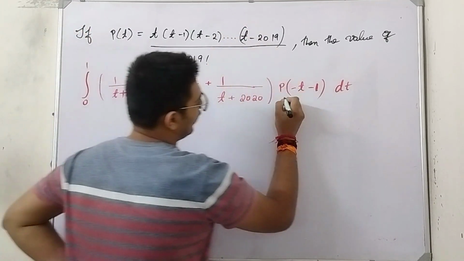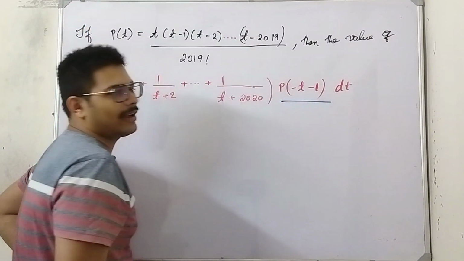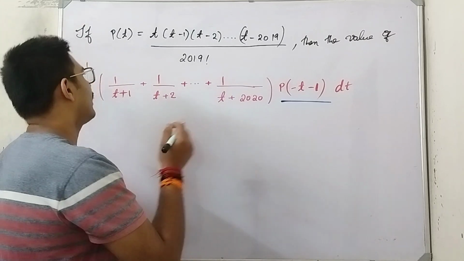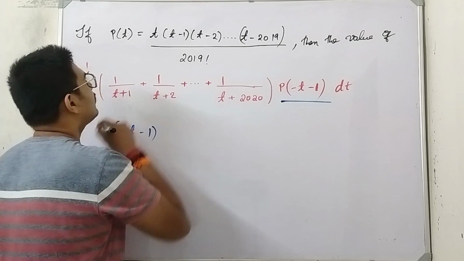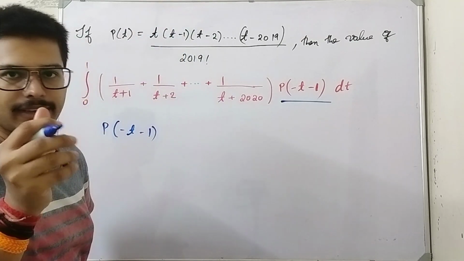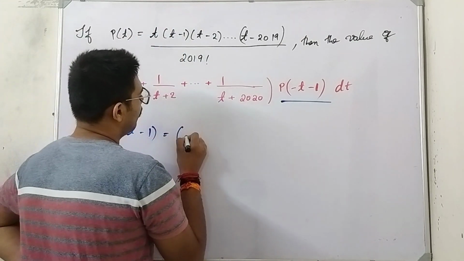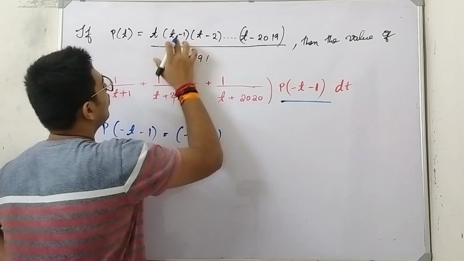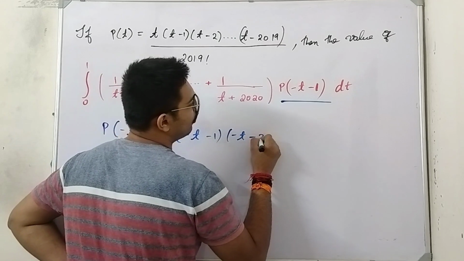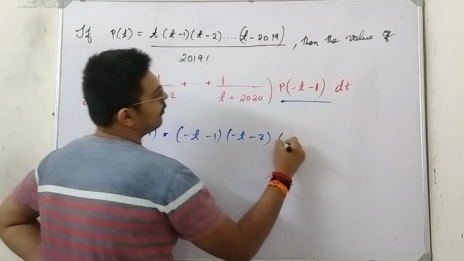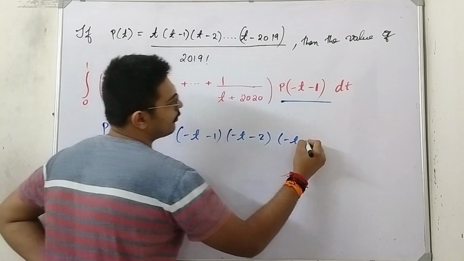First, we can find the value of P of (minus t minus 1). Instead of t, substitute the value of minus t minus 1. This will be minus t minus 1, then minus t minus 1 minus 1 will be minus t minus 2, then minus t minus 1 minus 2 will be minus t minus 3, and so on up to minus t minus 2020.